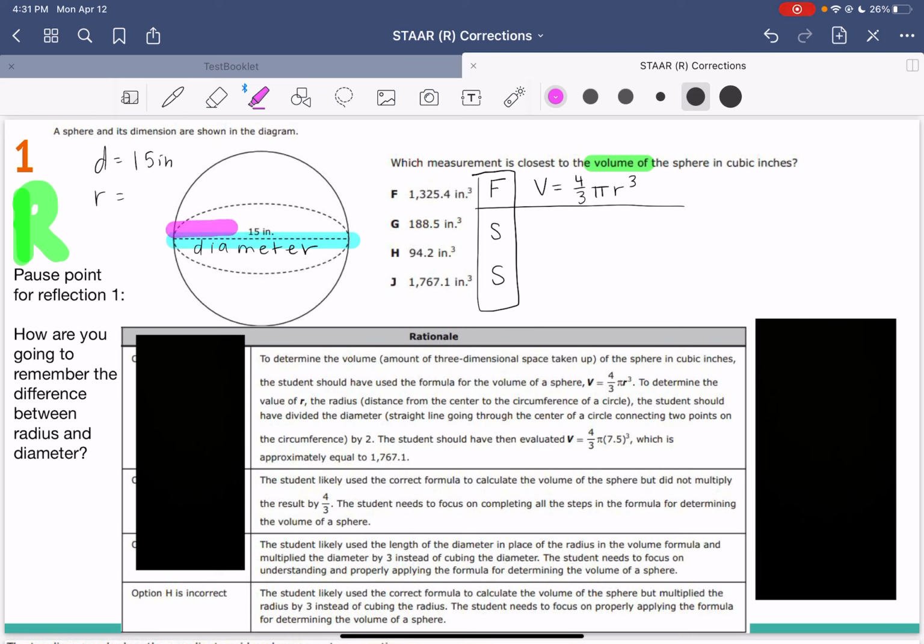Right here we have this short halfway across, which is the radius, and the diameter. If I were even to look at the two words next to each other, I would see that diameter is the longer word than radius. However you want to remember it, I just remember that the radius is half of the diameter.